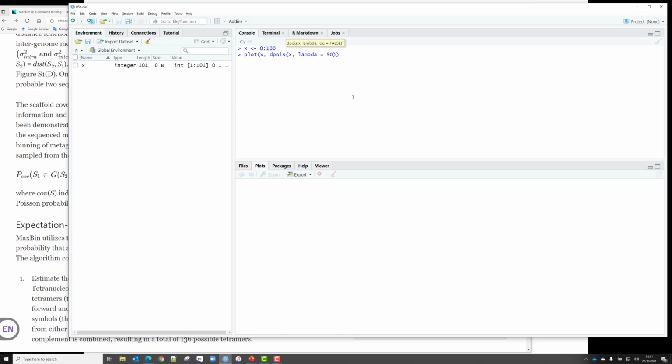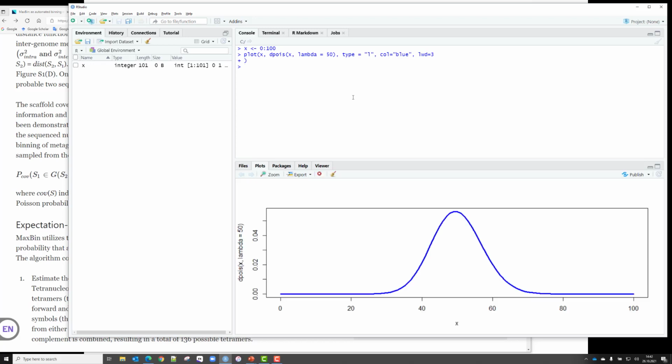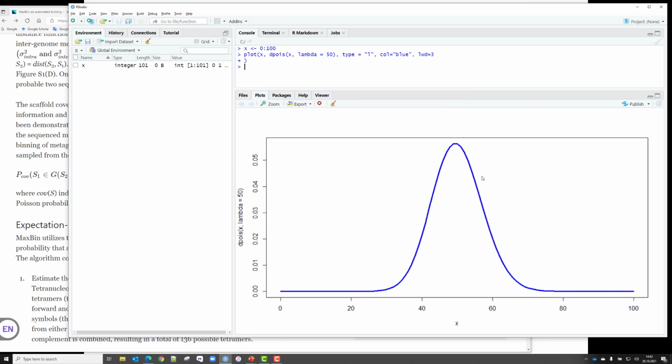Coverage 50 in S2 contig. Let me see, I want to have a blue curve here, and I want it a little bit fat as well. There it is. So this is the Poisson distribution when you have coverage 50, right? We can see the peak is at 50, and it has some variance here.